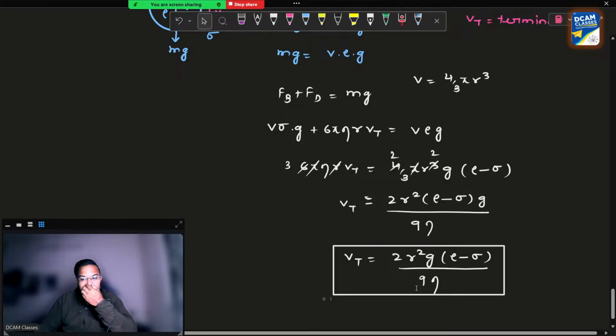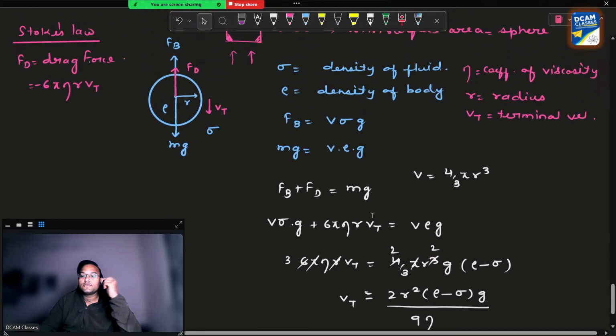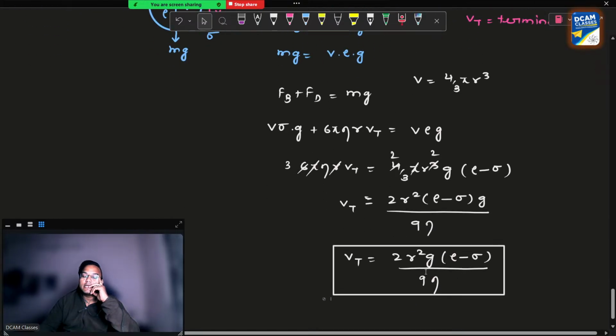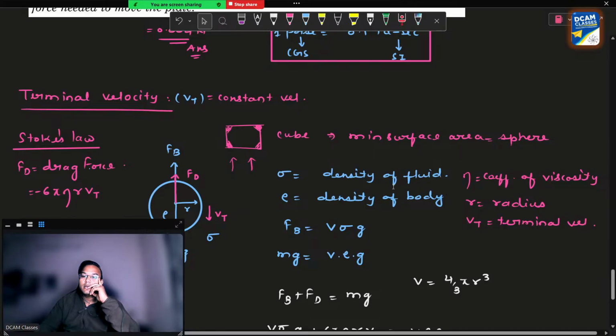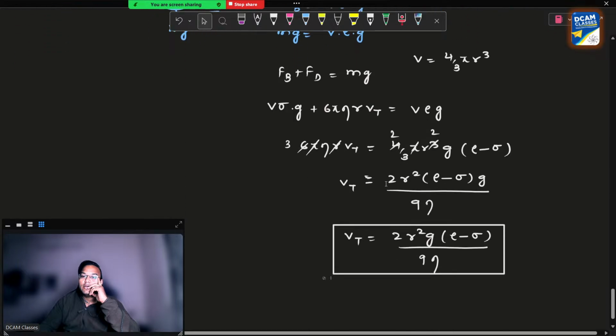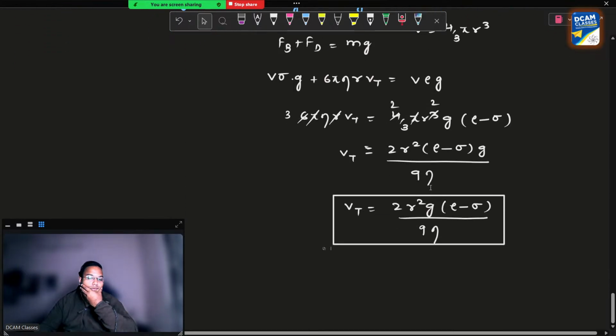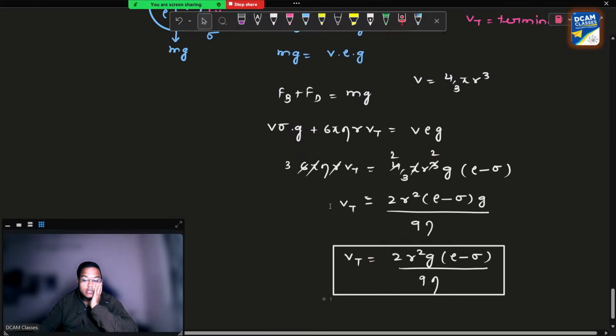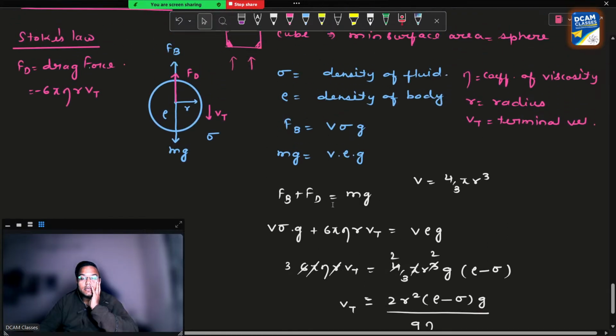Everything you should remember. What's the r? R is the radius of the spherical body. G is acceleration due to gravity. Rho is the density of the body. And sigma is the density of the fluid in which it is falling down. Eta is the coefficient of viscosity. This is the expression of the terminal velocity.